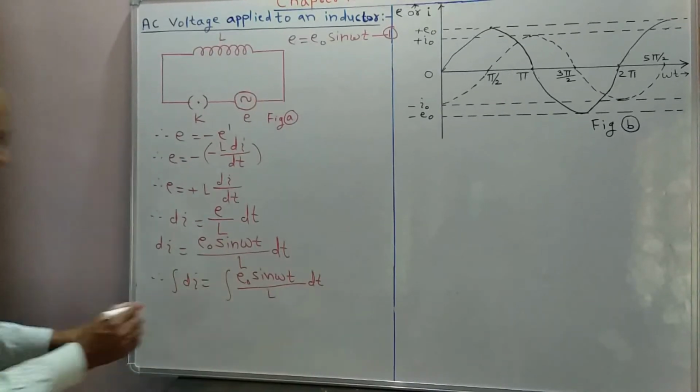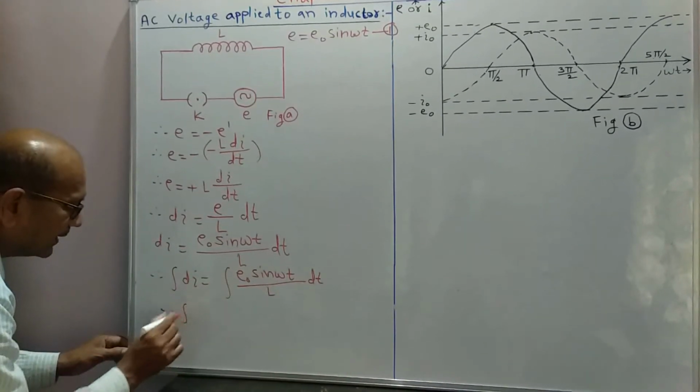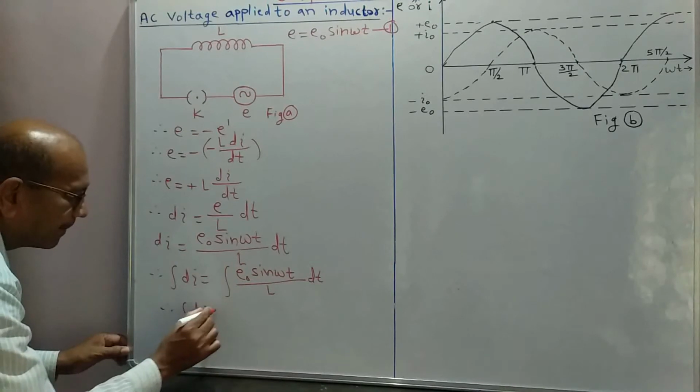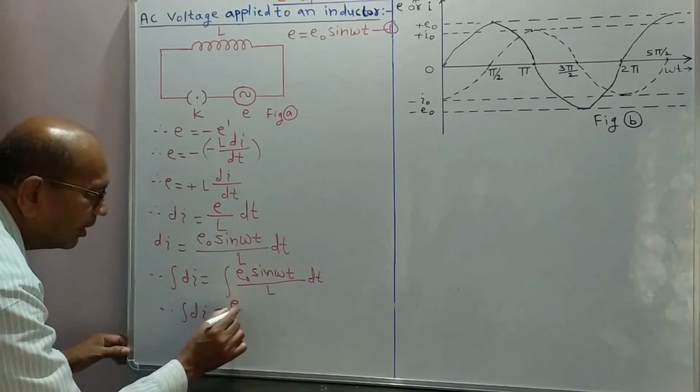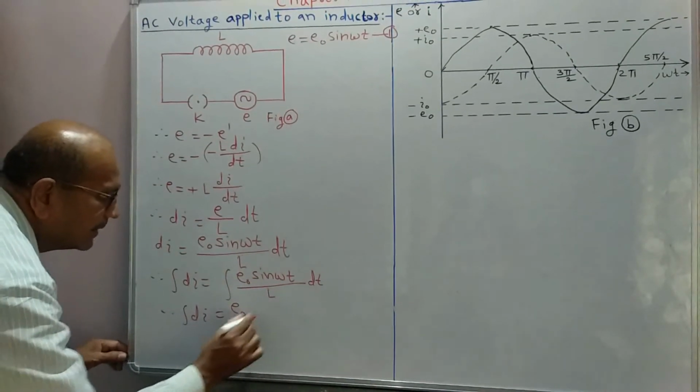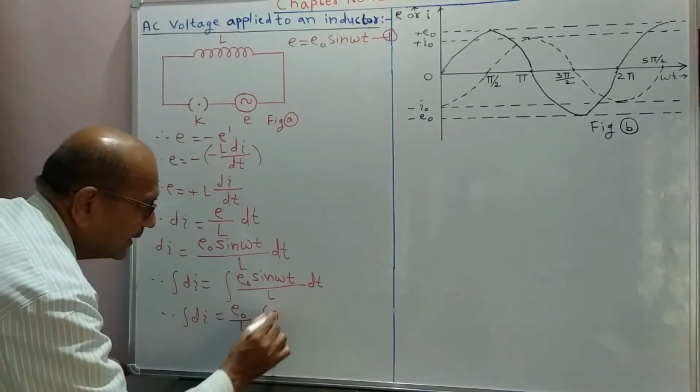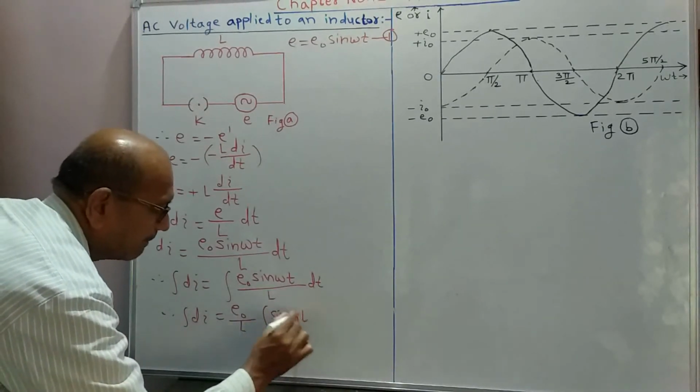Here E naught and L are constants, and we have to take them out of the integration sign. Therefore, integration of di equal to E naught upon L integration of sine omega t dt.